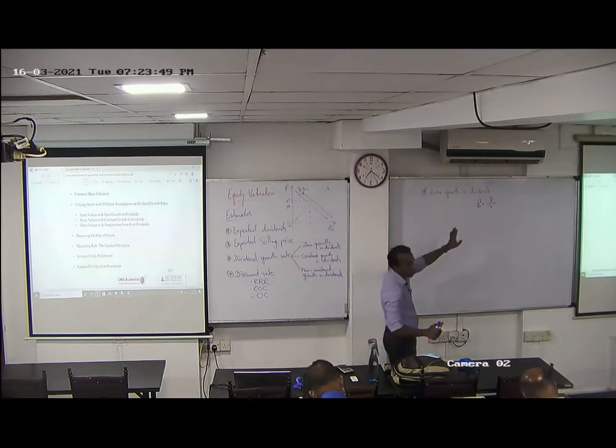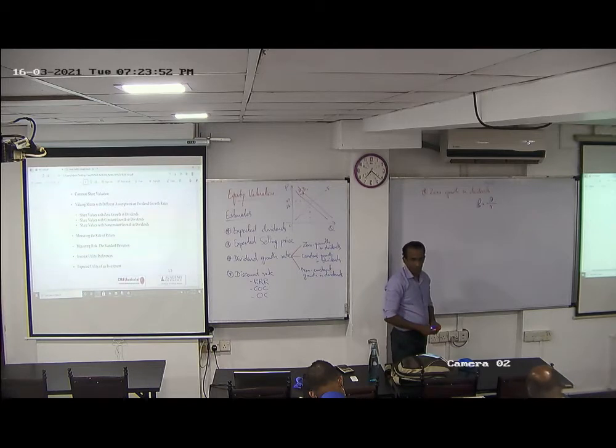Here the cash flow is the dividend, and the discount rate is the required rate of return R.